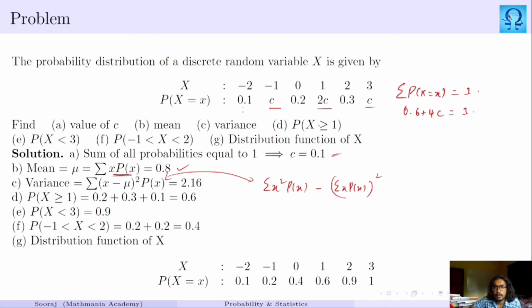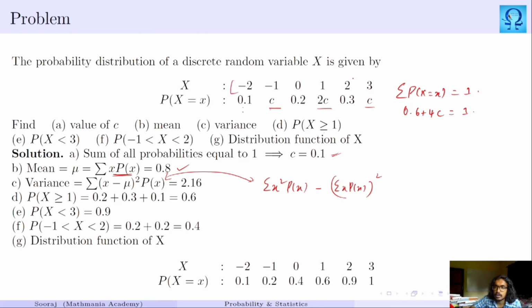Next, to find the probability of x greater than or equal to 1: equal to 1 means this quantity, greater than 1 means we have these two possibilities. We just sum all these probabilities, which is 0.6. Next, the probability of x smaller than 3, which means 3 is not included.